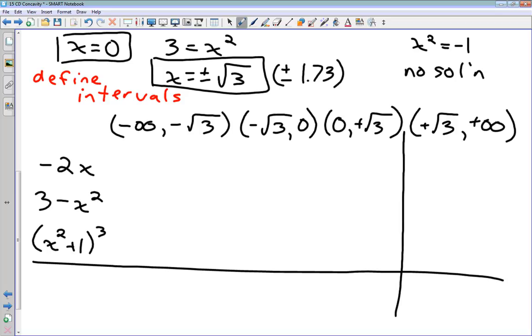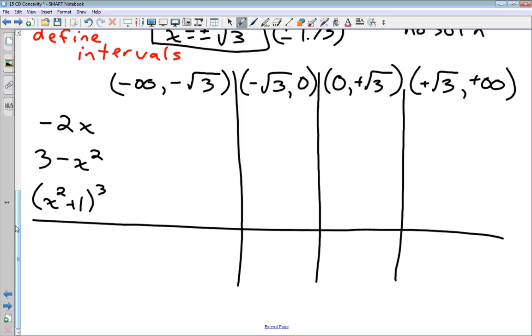So fill in our table here a little bit. And what are we doing with this? We are checking the sign of our second derivative. And remember, we're looking for information that this tells us about the original function, f of x.